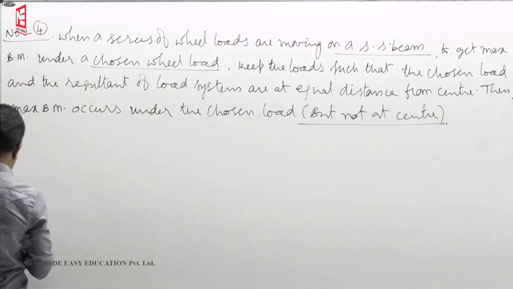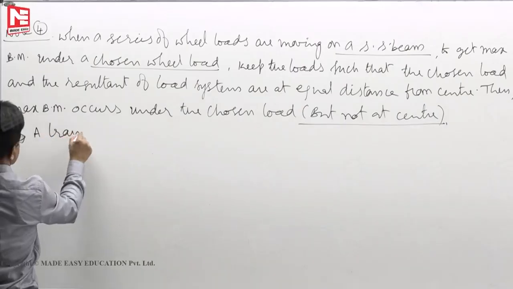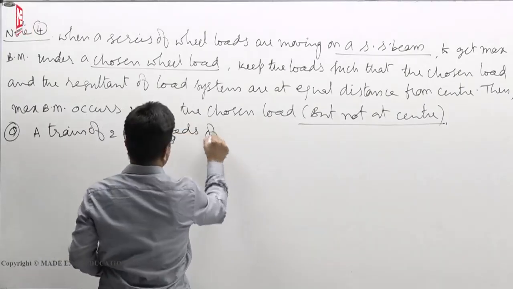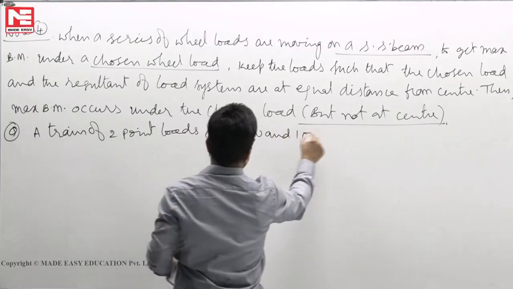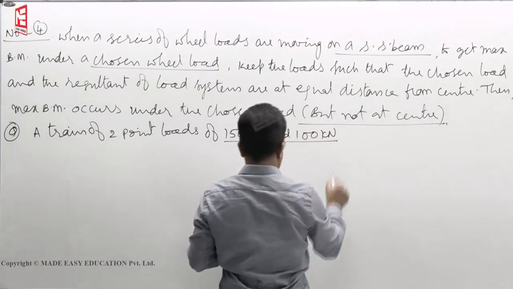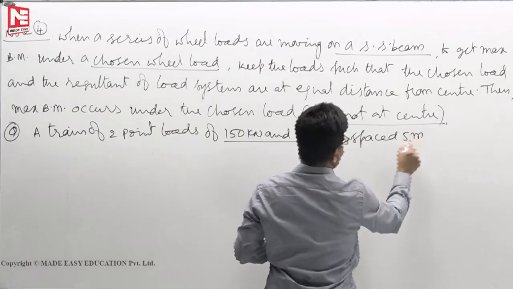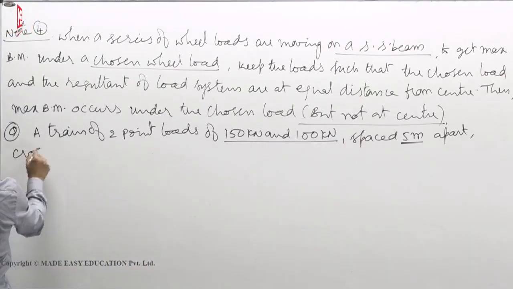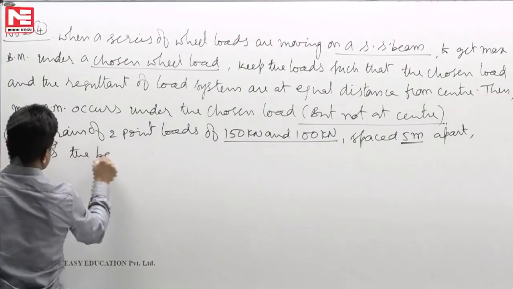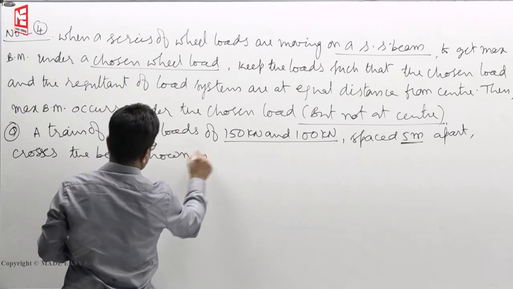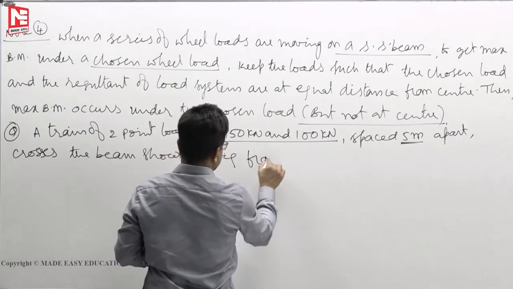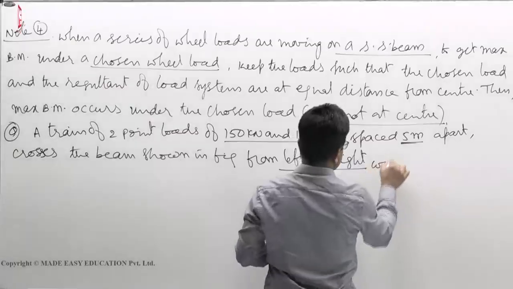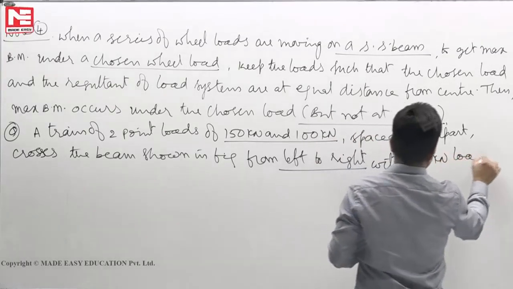See here, a train of 2-point loads of 150 kilonewton and 100 kilonewton spaced 5 meters apart crosses the beam shown in figure from left to right, with 100 kilonewton load leading.